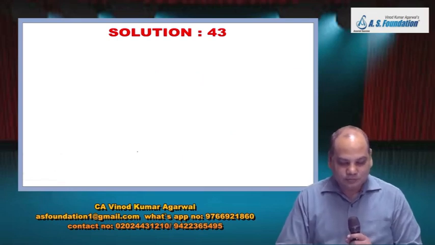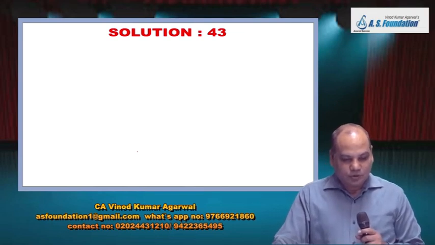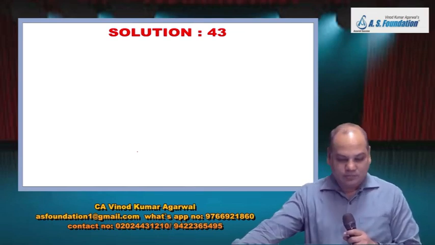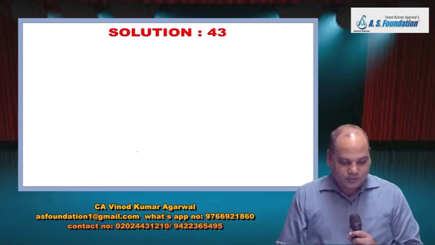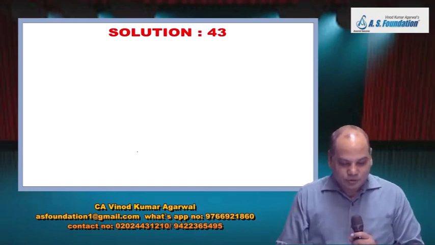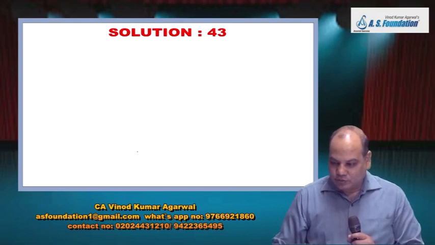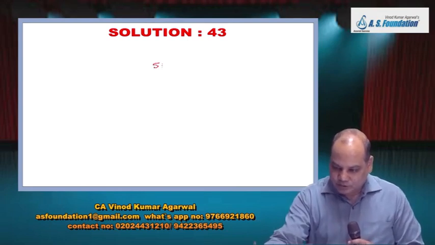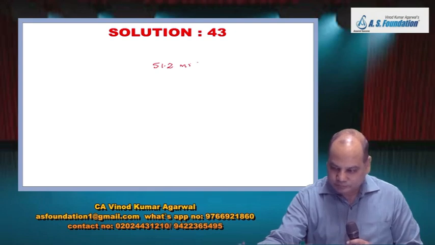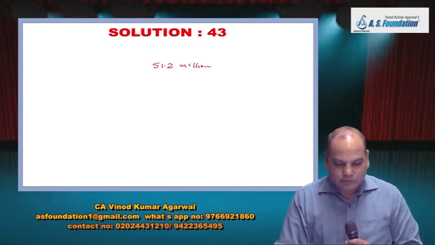Revenue of Alpha. On 1st October 2015, Alpha sold a machine to a customer for a total price of $51.2 million and credited $51.2 million to revenue.